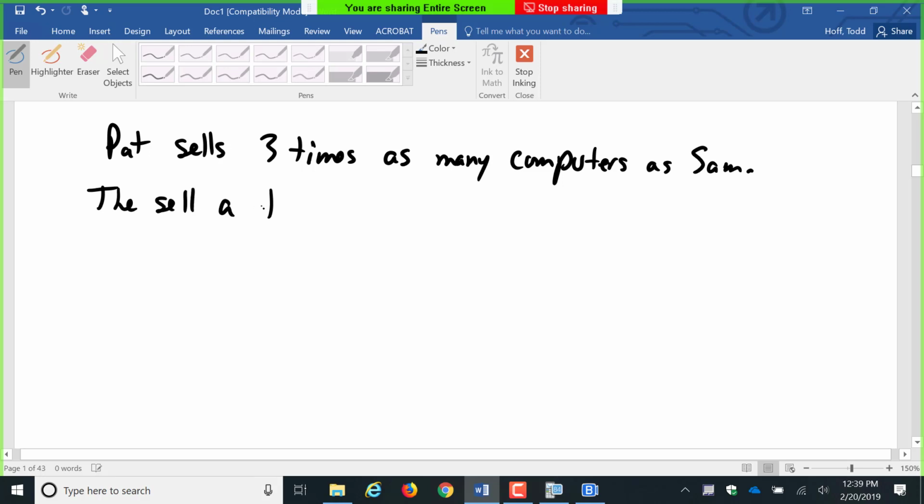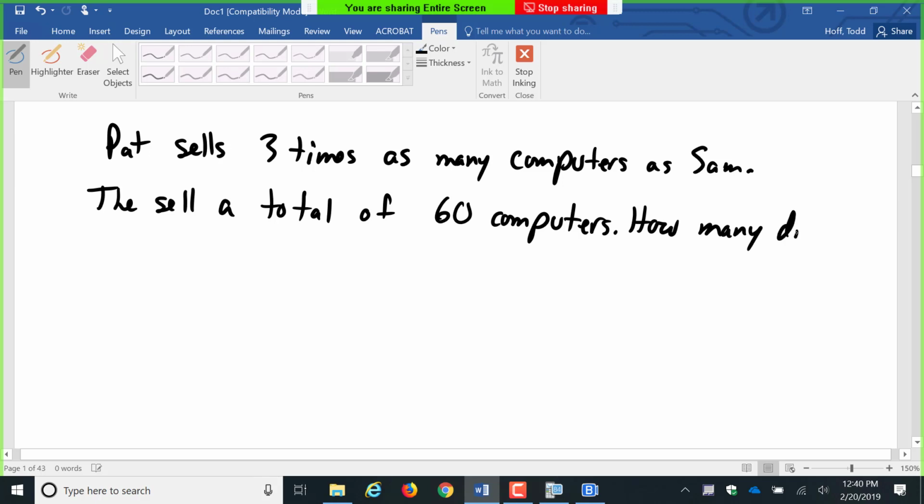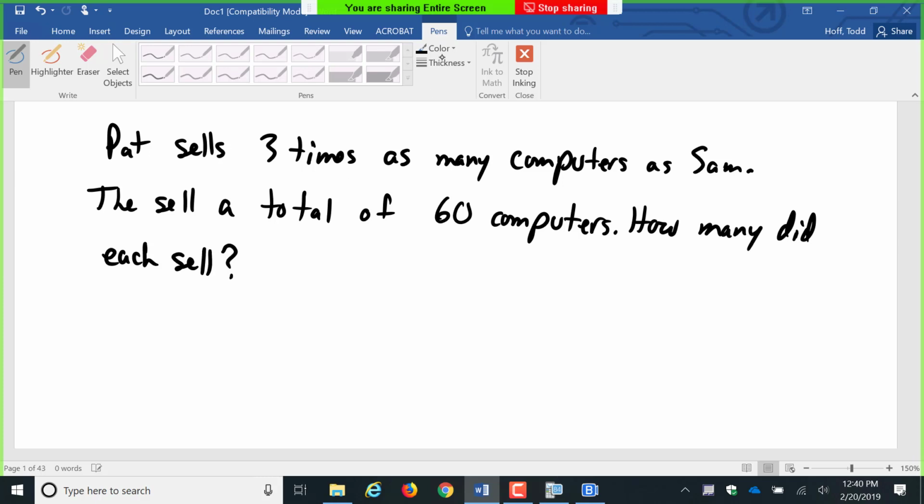They sell a total of 60 computers. How many did each person sell? How many did each sell?